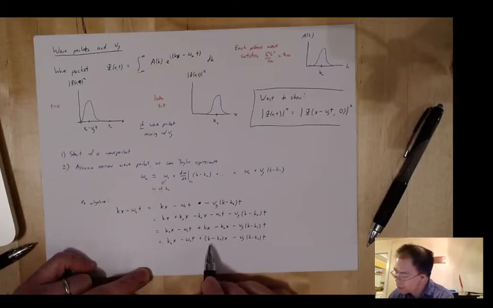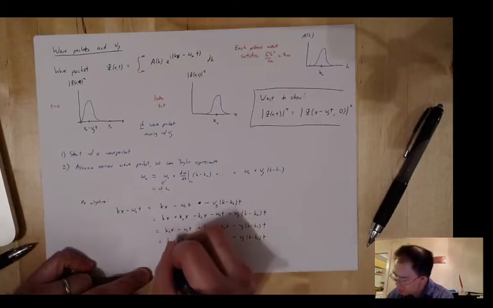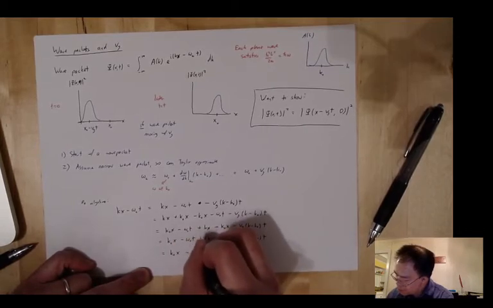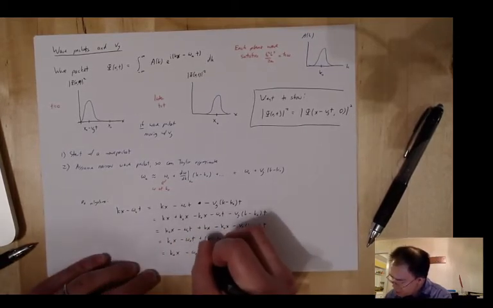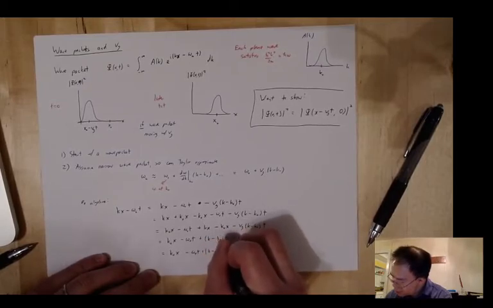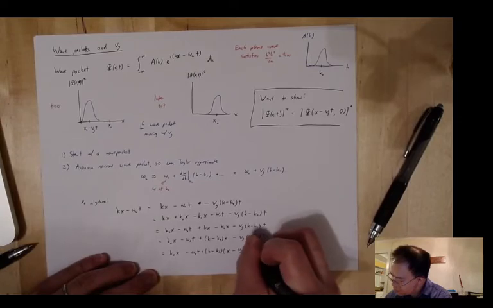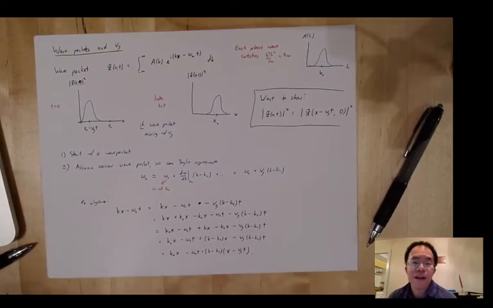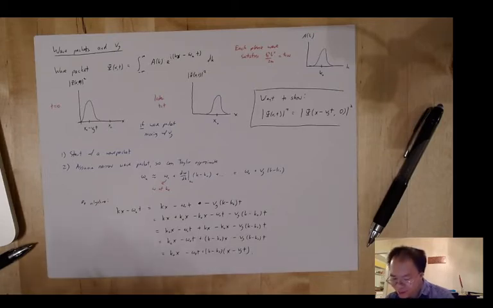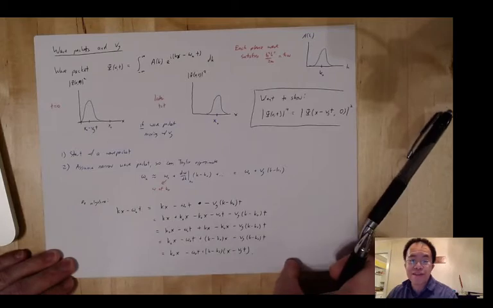Factor one more time, I can pull out the common factor of k minus k naught, and then this becomes minus omega naught t plus k minus k naught times x minus v group times t. Okay, so far this seems like a bunch of algebra, and I know the motivation for it doesn't seem particularly lucid, but hang on in there. Okay, so I'm going to advance the page.